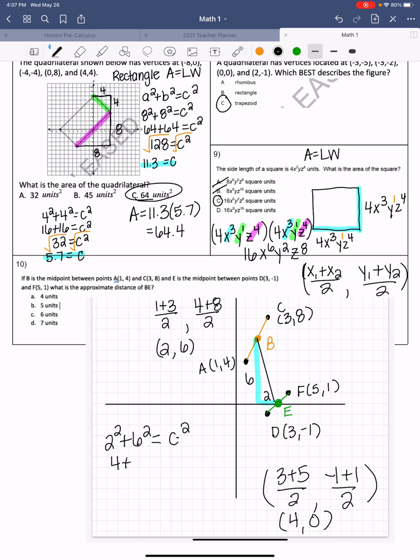So we have 4 plus 36 equals C squared, which is going to be 40 equals C squared. Now, when we take the square root of both sides, 40 is going to be approximately 6.3. So if we round to the nearest unit, 0.3 is going to round down, so the answer here is going to be C.